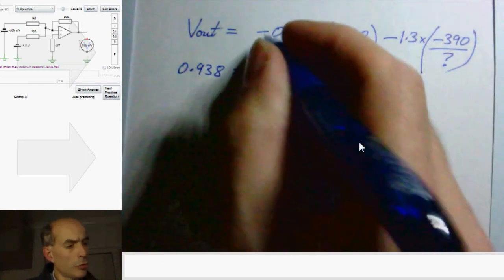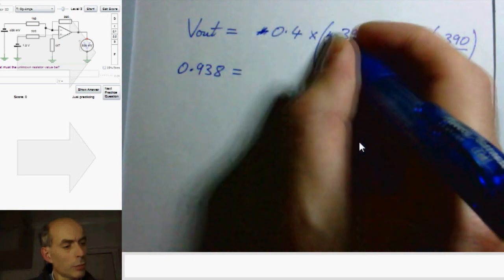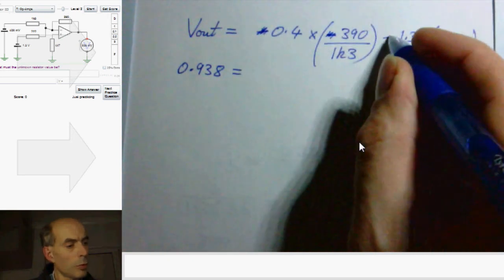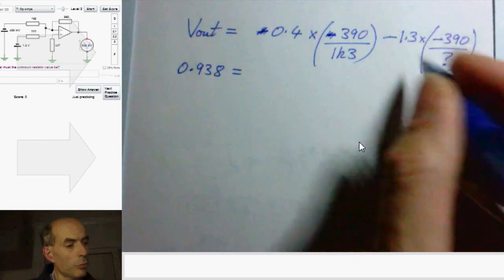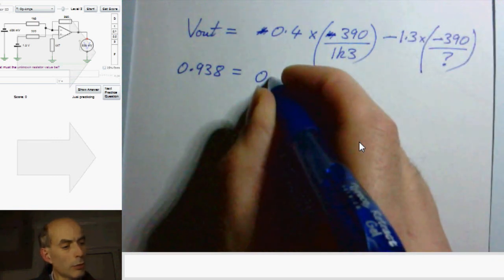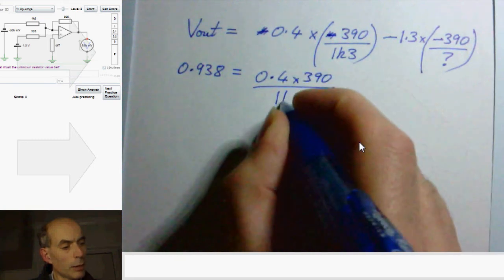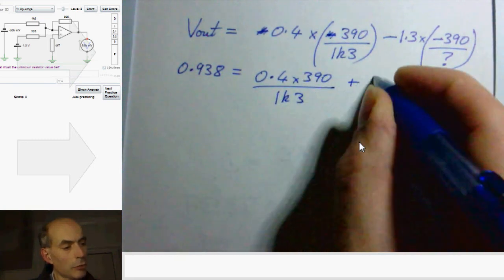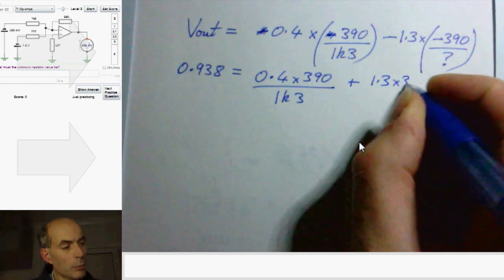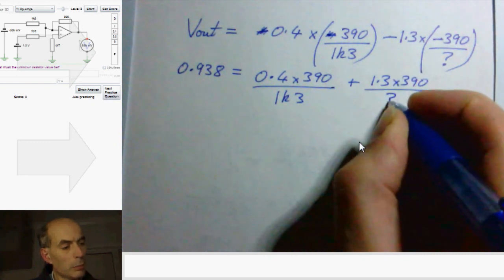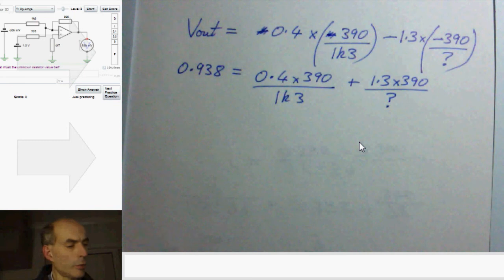Well, those two minus signs will cancel with each other, and so will these, giving me a plus on this point here. So I could write that as 0.4 times 390 divided by 1K3 plus 1.3 times 390 divided by the resistor that I don't know yet.